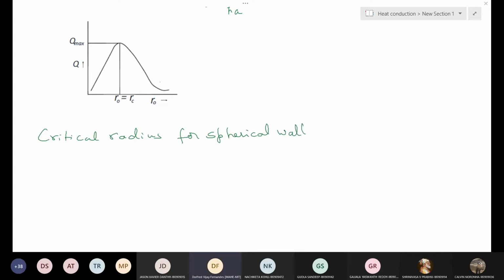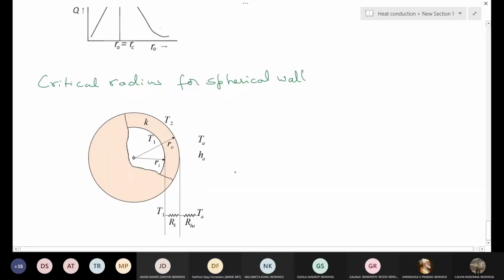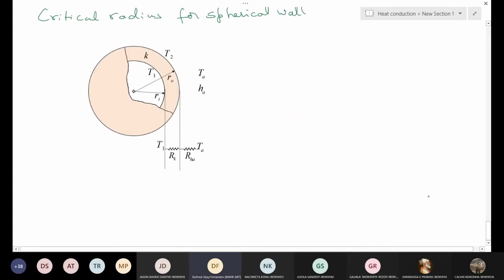So again, we have to consider the same way a spherical wall of thickness R0 minus Ri. And you can write the rate of heat transfer through this thick spherical wall.